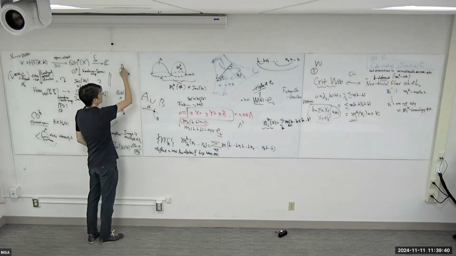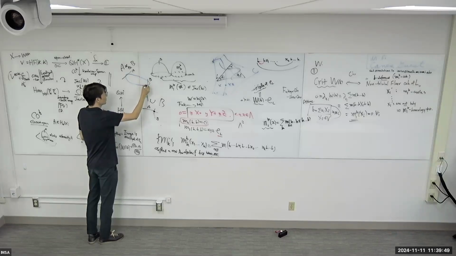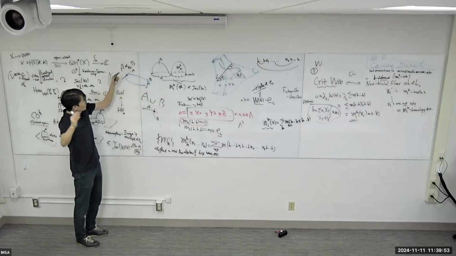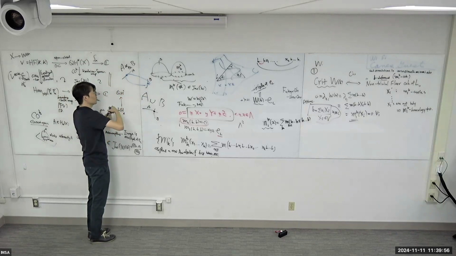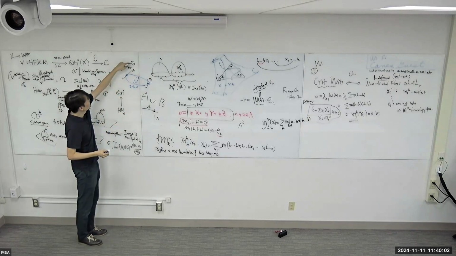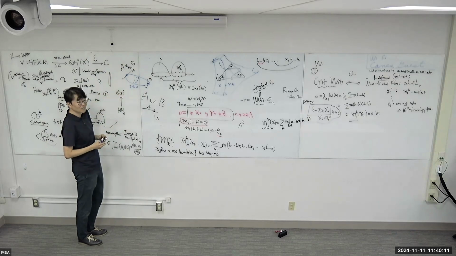But for the quantum cup product, you have A and B, but now there is a holomorphic sphere. They don't have to meet; they commonly meet some holomorphic sphere. Then they have some quantum cup product. This represents the image of the holomorphic spheres that intersect A and B.